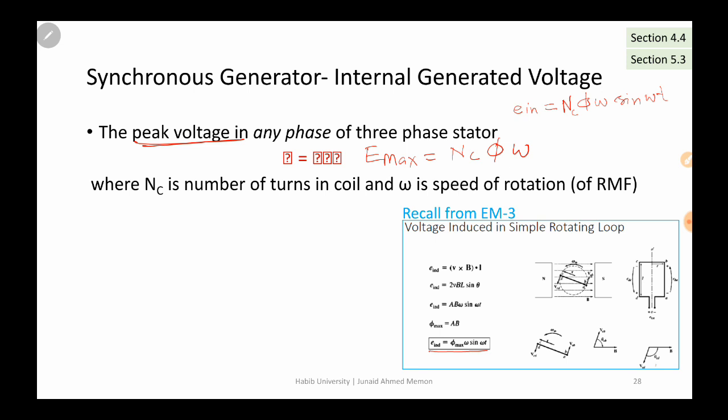Generally in the case of AC generators, the voltage is not specified in terms of the peak, it is specified in terms of the RMS voltage.